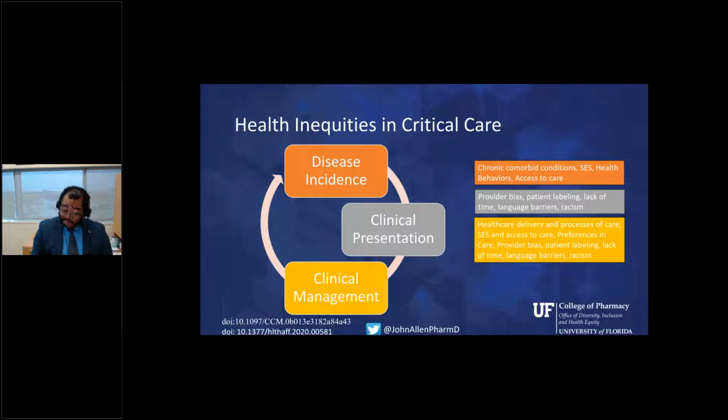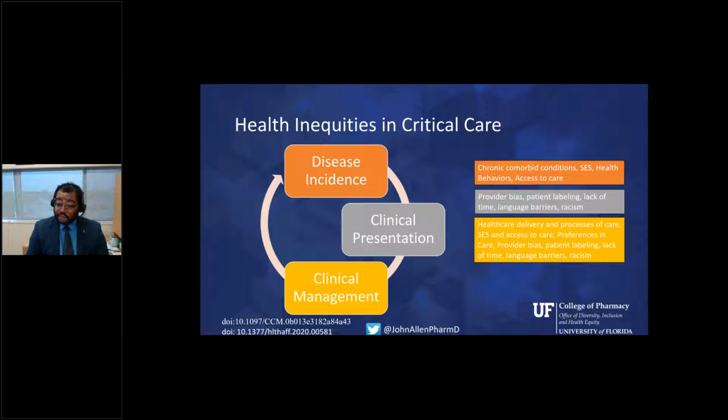Clinical management also has inequities associated with it in critical care, specifically around healthcare delivery and processes of care, socioeconomic status and access to care, preferences in care. So our patients, with their preferences and beliefs and cultural norms that they bring with them and their families bring with them to the intensive care unit, can contribute to differences in outcomes.